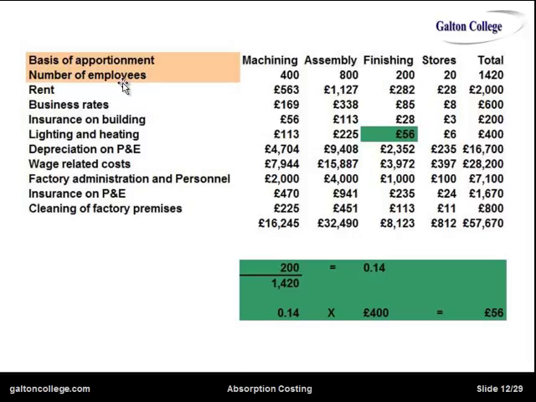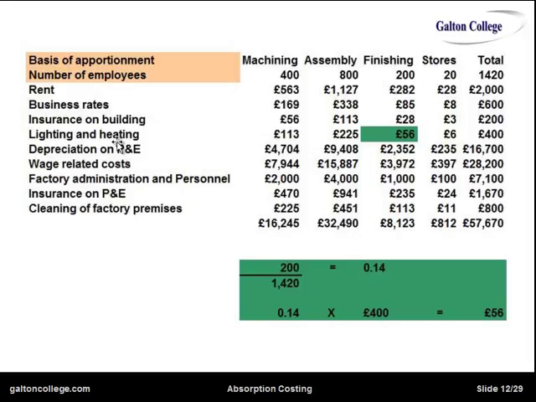So care needs to be taken when deciding the basis of the apportionment. Perhaps floor area would have been a better bet for allocating lighting and heating. Perhaps. So I'm just throwing that in as a criticism of the table.